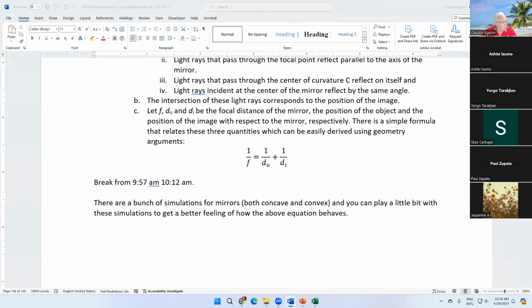And there is one of those simulations right here. This one here.